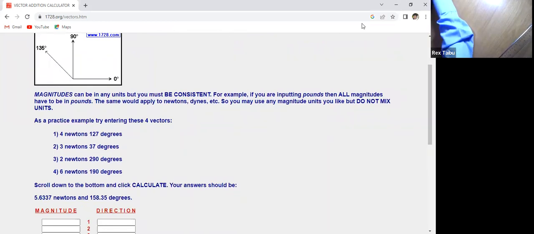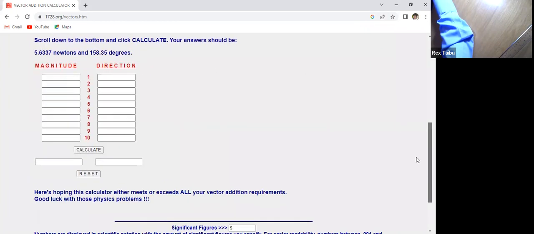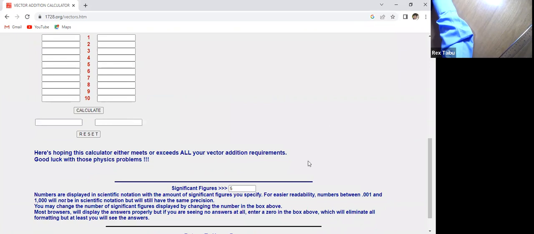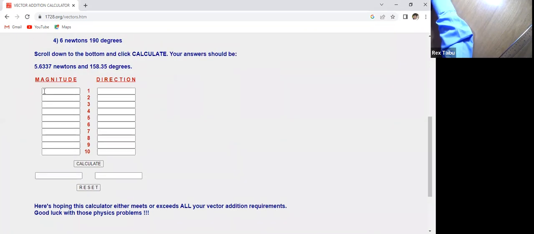Here we are going to put our vectors. Remember, vector 1 had a magnitude of 9 at 0 degrees, and the other vector had a magnitude of 8 at 60 degrees. Then we can calculate to see what we get.